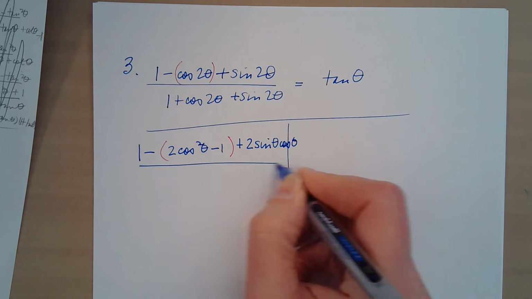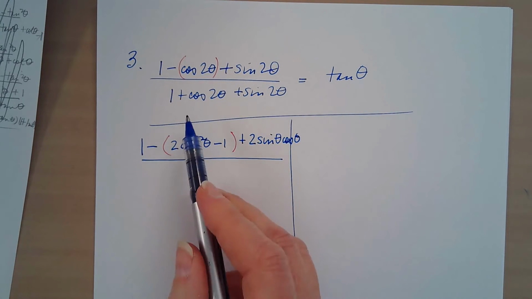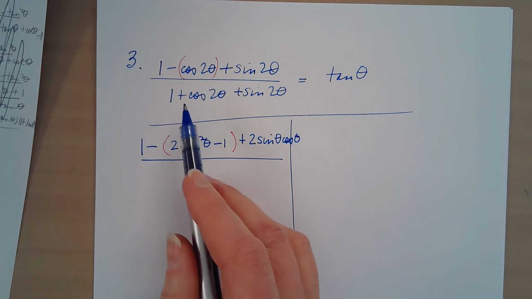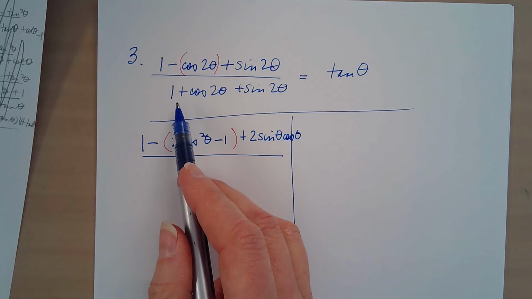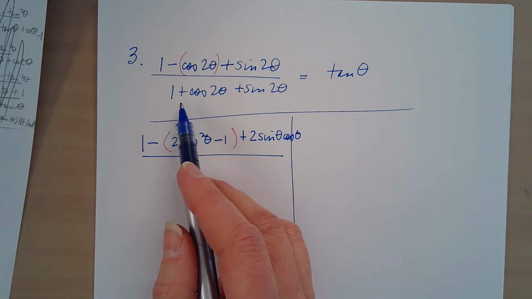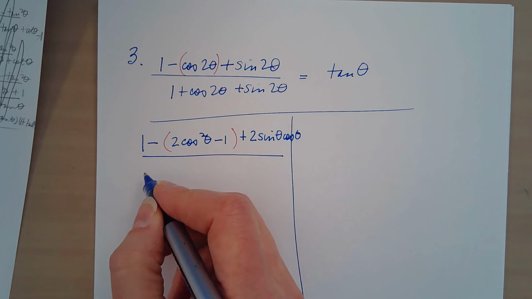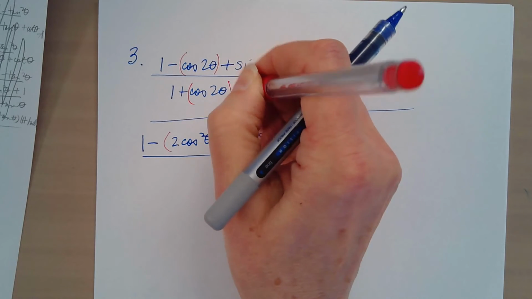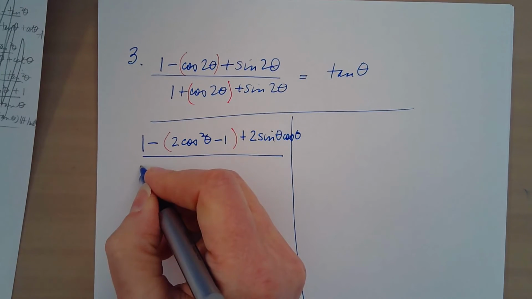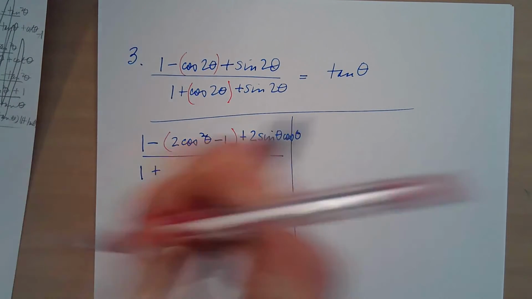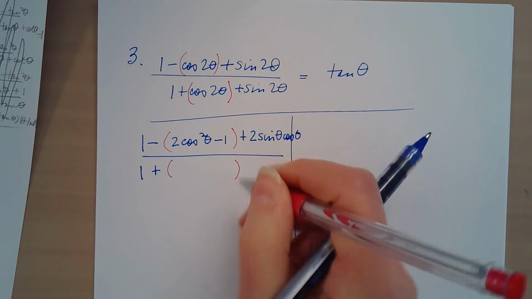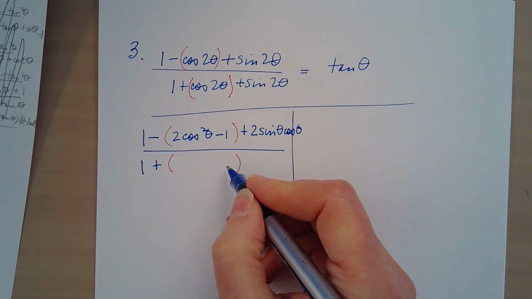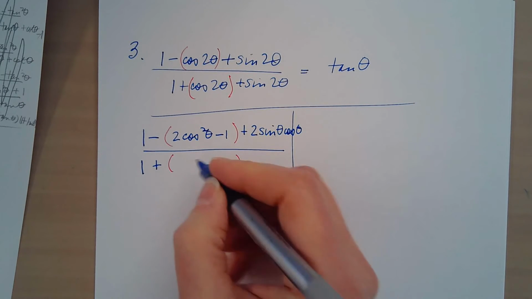Okay, all over. Now, this one's a little bit different, right? To get rid of this one, I think I'm going to have to use the other option, right? Or no, I think I still can use the same one, right? 1 plus, okay, what has to go in here to get rid of the 1? It has to be a negative 1 again, so it should be the same one, agreed?